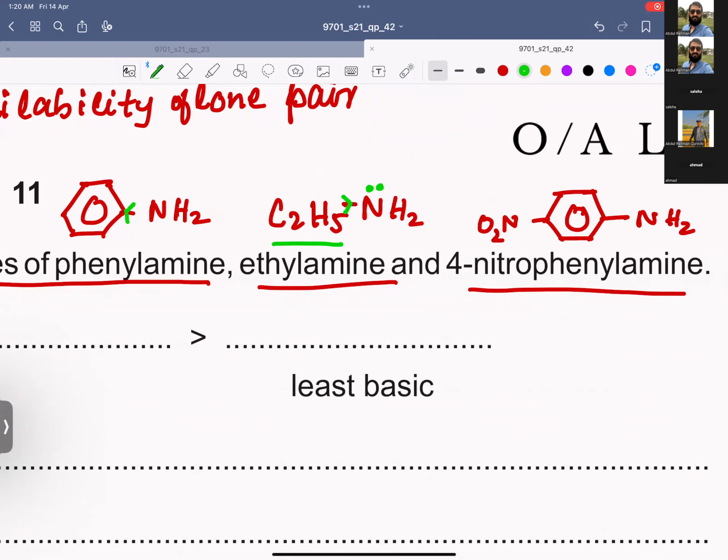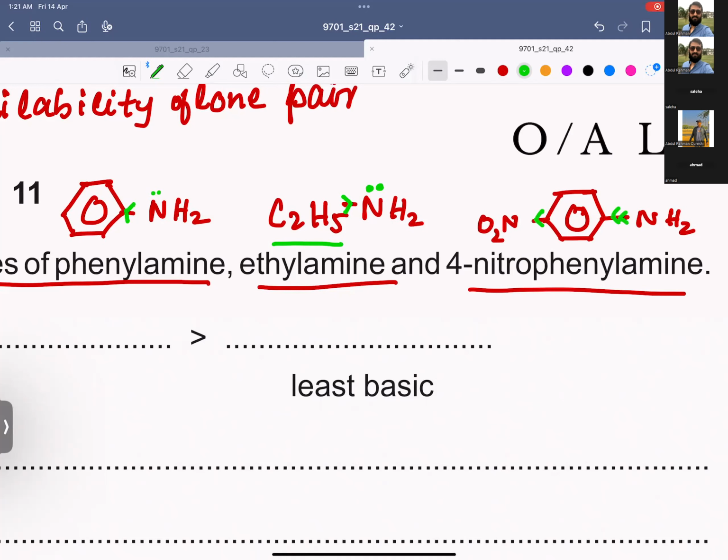In phenylamine, that benzene ring is electron withdrawing. So the nitrogen's electron pair is drawn towards the benzene ring, which makes it a weaker base. And here, along with the benzene ring, we have another nitro group. So due to this nitro group, the electron withdrawing effect is more.